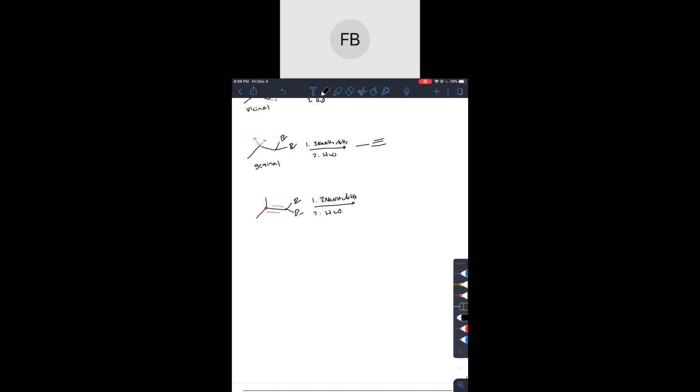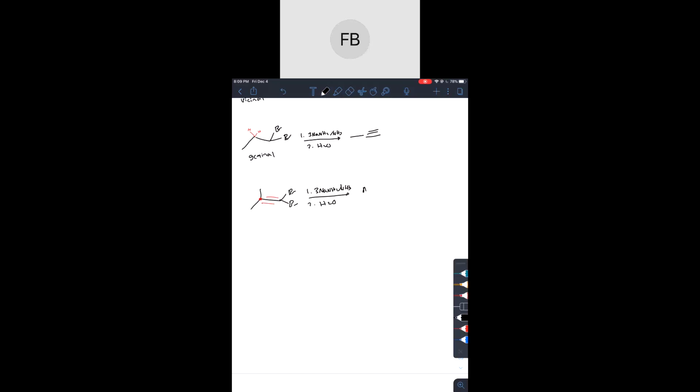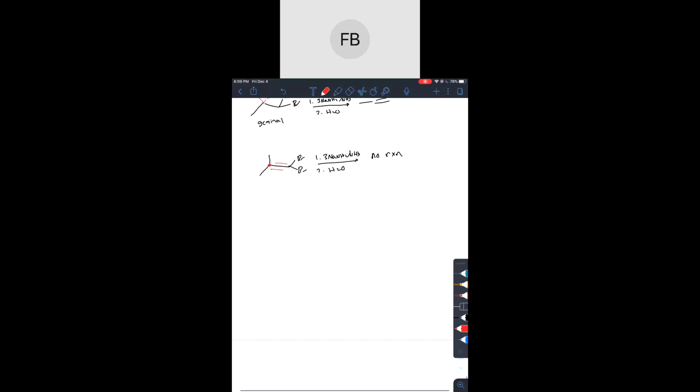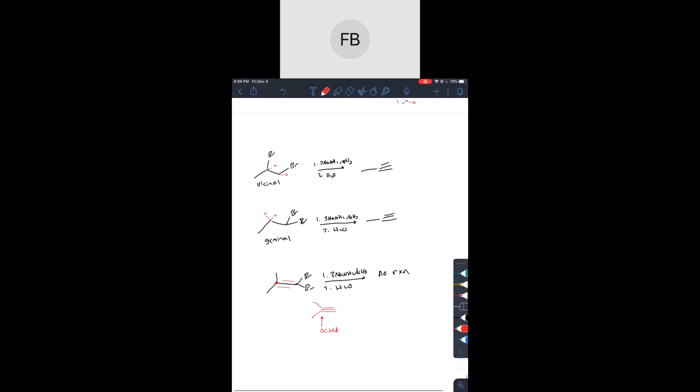So what we're going to get is no reaction because you can't get this. This is not going to work. All right. So that's how to form triple bonds, and that's the only way that we know of.